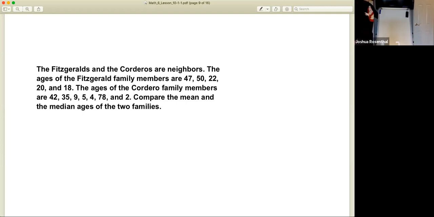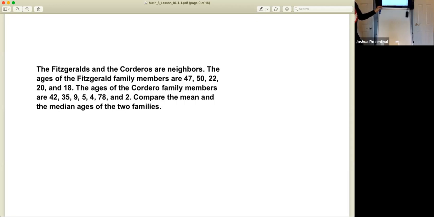So that's what a median does. It tells you half of the data is below, half the data is above. The average does not have to have that. There could just be one person that is above and everybody else is below.